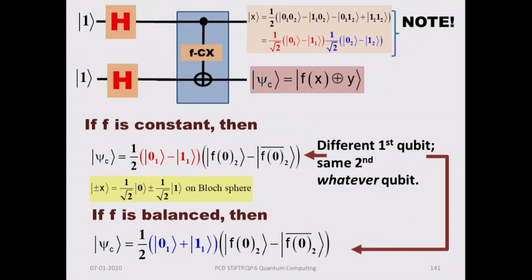Okay? So, the first one with the plus sign is the point on the Bloch sphere in the xy plane where the sphere intersects the x axis, and the second with the minus sign is just its antipode where the minus x axis intersects the Bloch sphere in the xy plane.